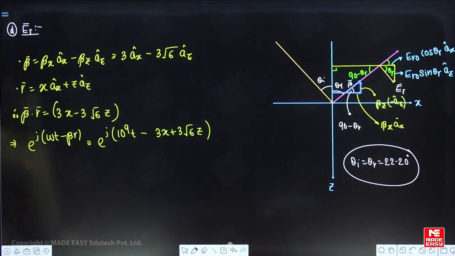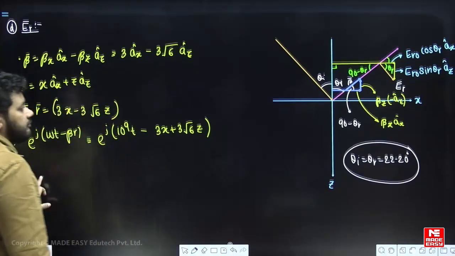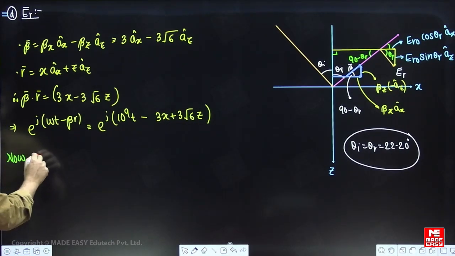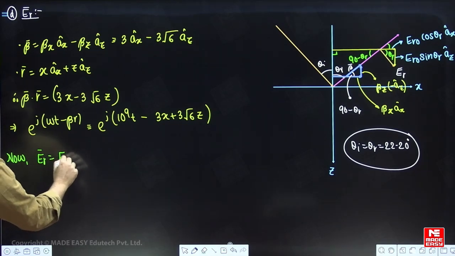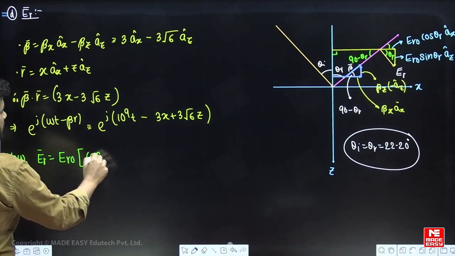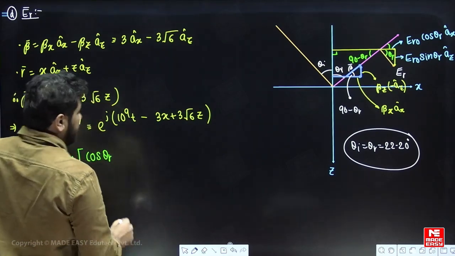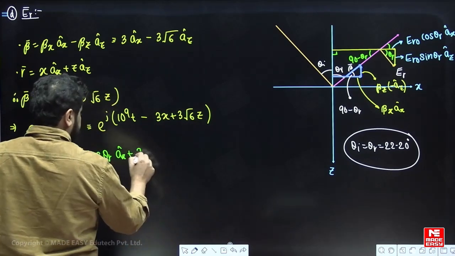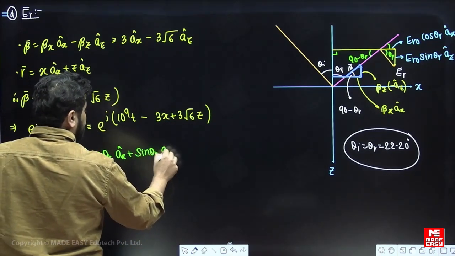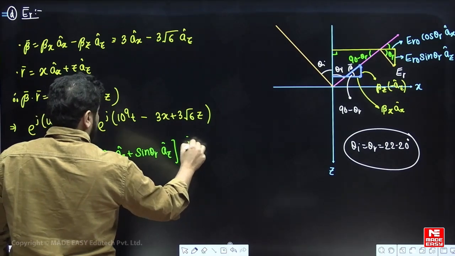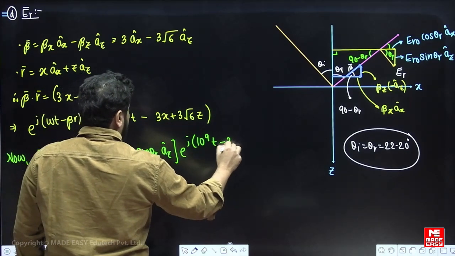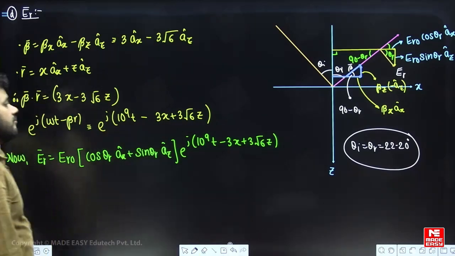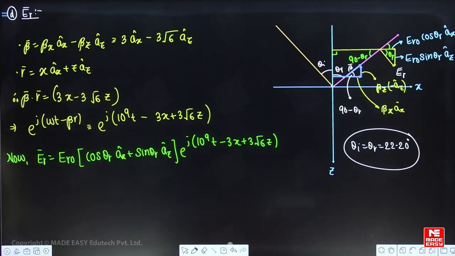Fine, okay. Now we have to find the value of Er, right? So Er vector is how much? It is your Er0, I can take common. It is cos theta r in the direction of ax plus sine theta r in the direction of az, e to the power j 10 to the power 9 t minus 3x plus 3 times root 6 z, correct?